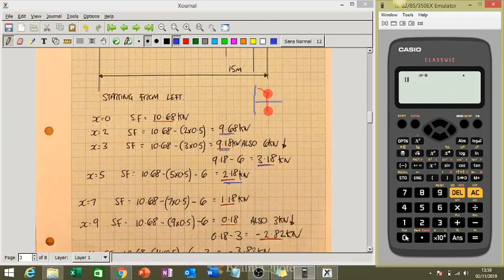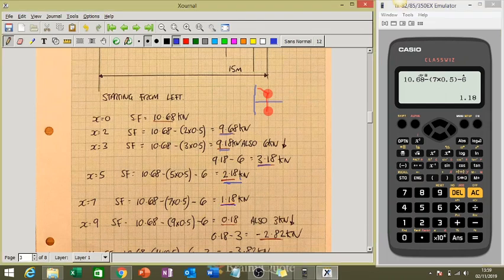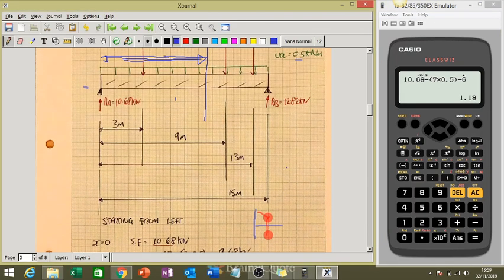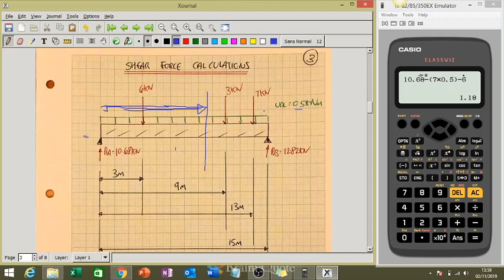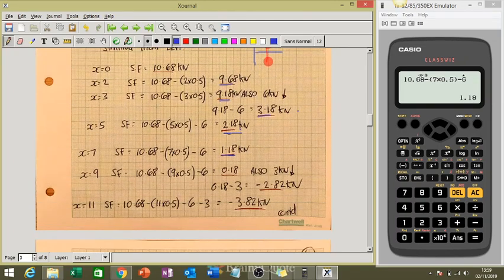So on a calculator, 10.68, take away 7 meters worth of my 0.5, take away my 6, gives me 1.18 kilonewtons. So 1.18 kilonewtons at 7 meters in.